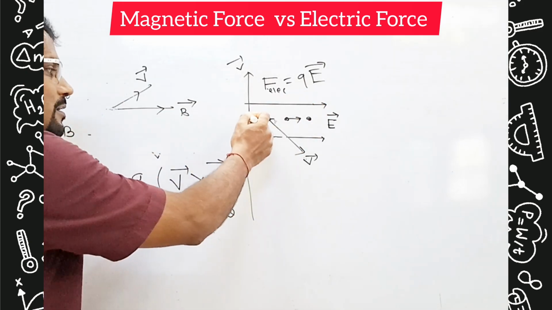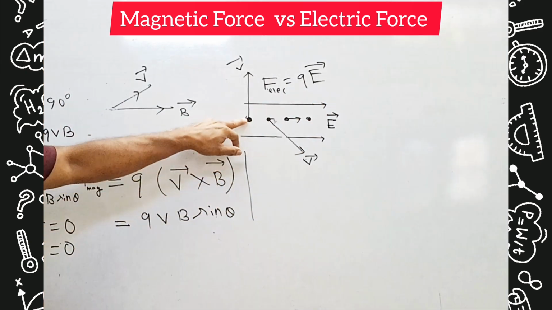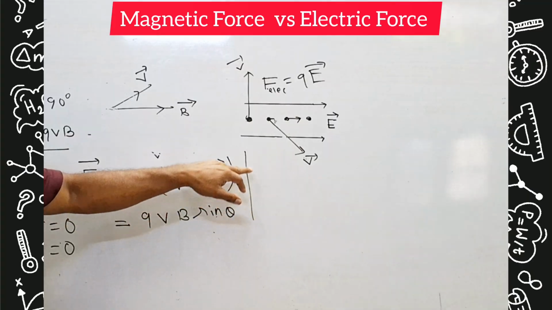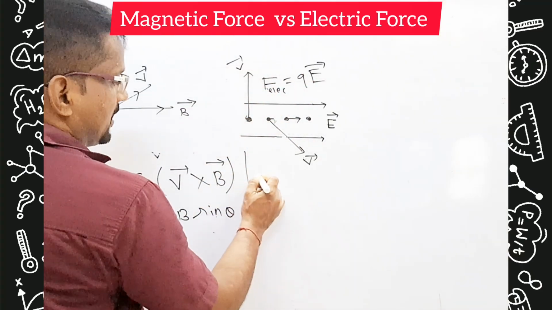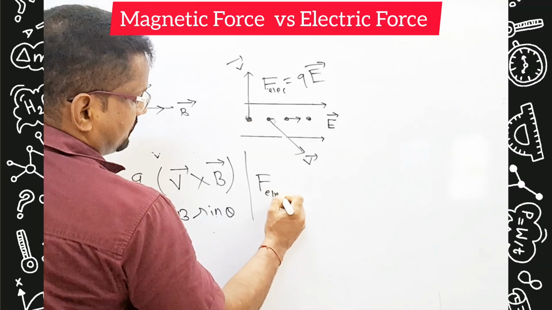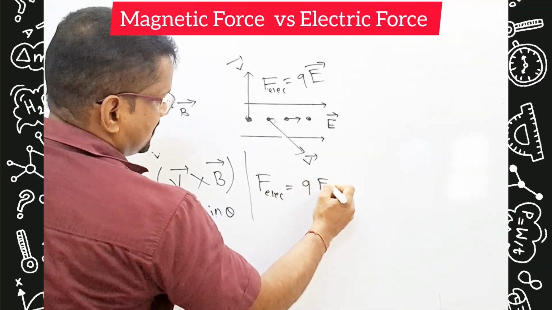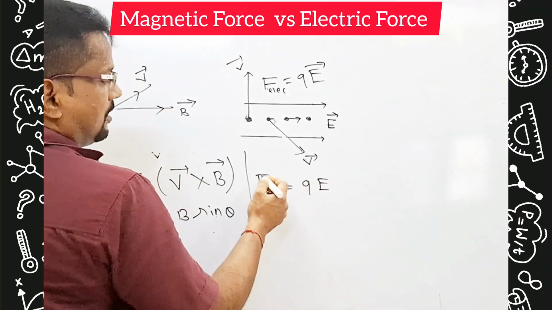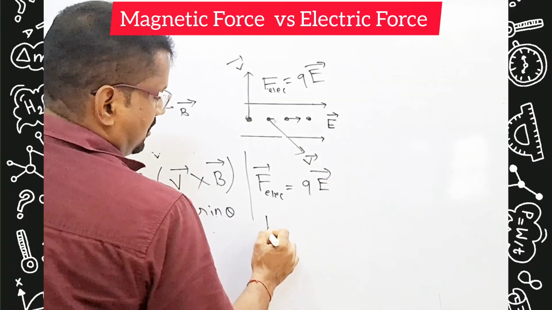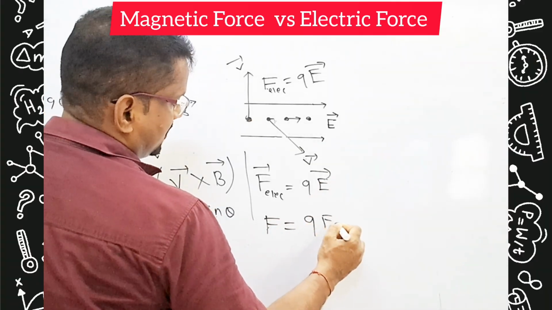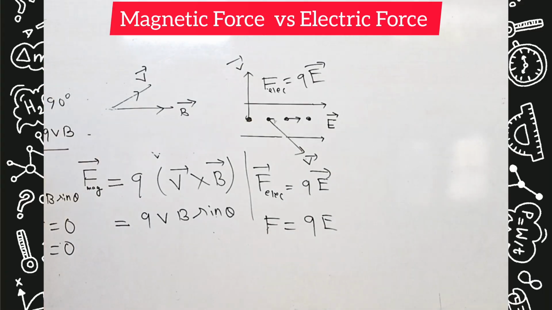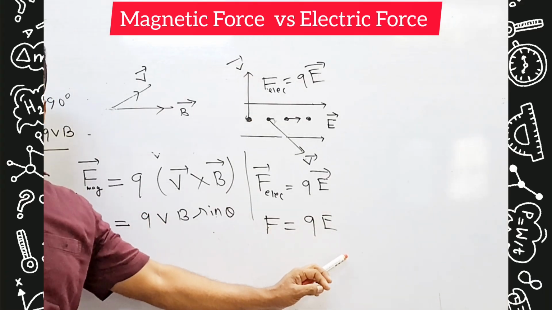So this charged particle or this proton will experience a force. This proton will also experience a force, because as you are saying the electric force F equals Q times E. If you want to see the magnitude, F equals only Q times E, the electric field intensity. There is no velocity or any angle there.